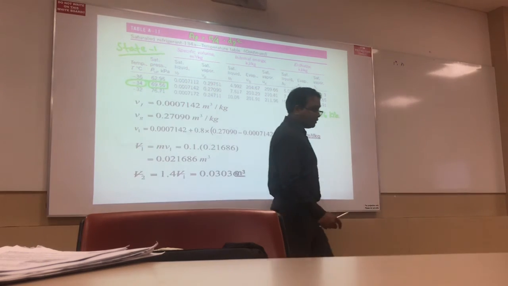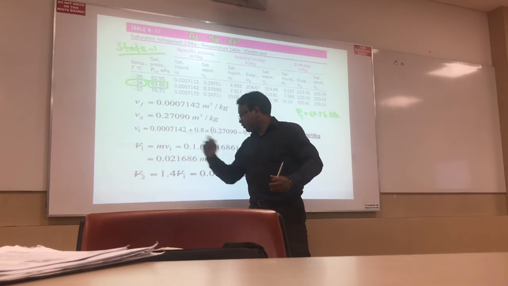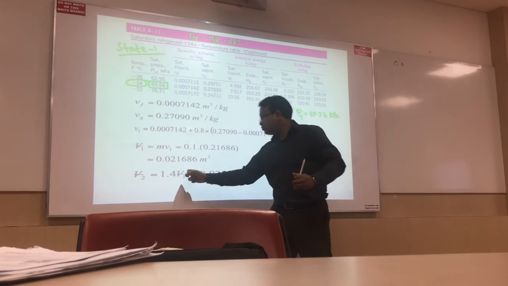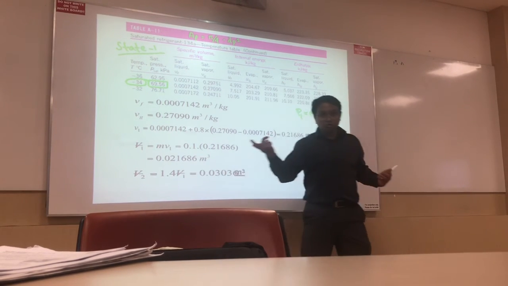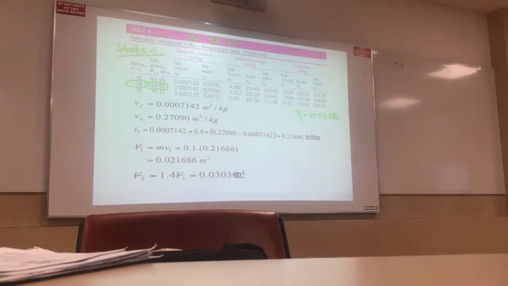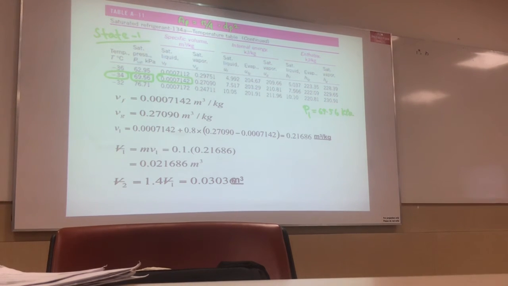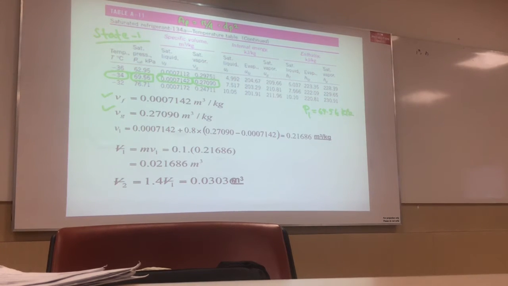Specific volume at state 1, I know. Then I know the total mass, I know the specific volume, so I know the total initial volume. Then final volume is 1.4 times V1, as I showed you before. So this indicates Vf, this indicates Vg. Right? Then I know Vf, I know Vg, I know the specific volume at state 1, V1.